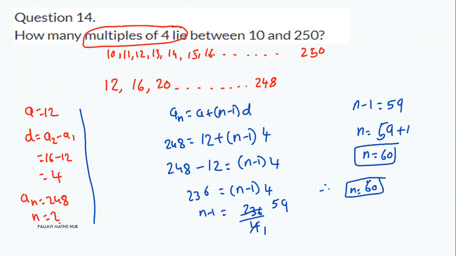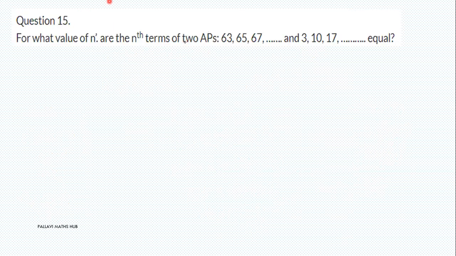Next, 15th question. For what value of N are the nth terms of two APs equal? You need to find out the value of N. At what value of N will they become equal? Okay.